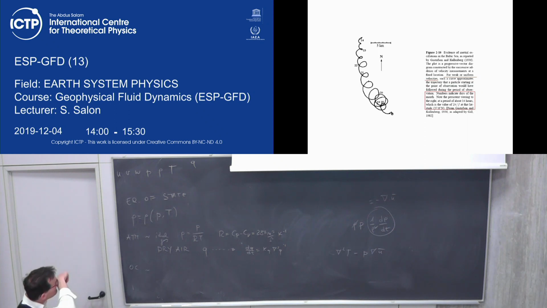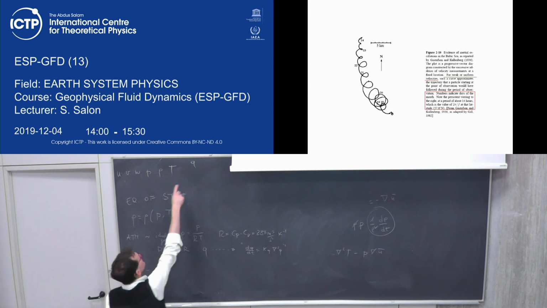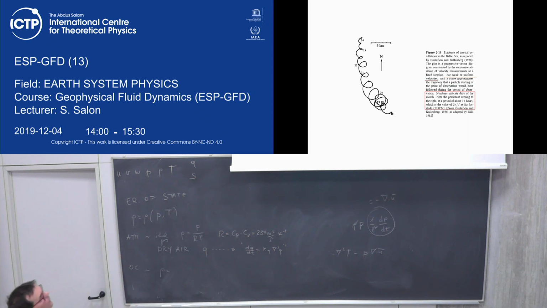So in the ocean, we can say that density increases when we have cold water, or decreases when we have hot, warm water, okay? And also density increases when we have salt, right? Because in the ocean we have salt. So if in the atmosphere we have humidity as an important tracer, we have salinity in the ocean.